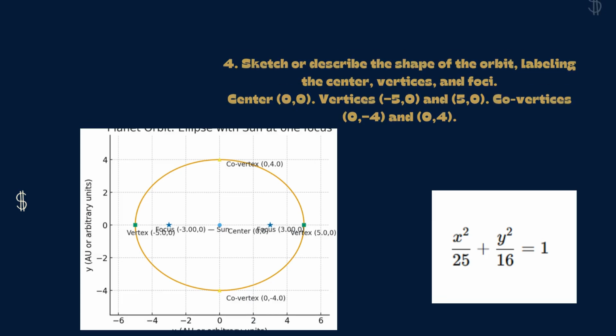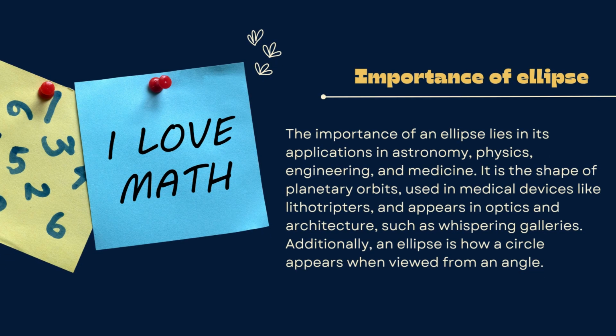So next is my reflection. What is the importance of an ellipse? The importance of an ellipse lies in its applications in astronomy, physics, engineering, and medicine. It is the shape of planetary orbits, used in medical devices like lithotripters, and appears in optics and architecture, such as whispering galleries.